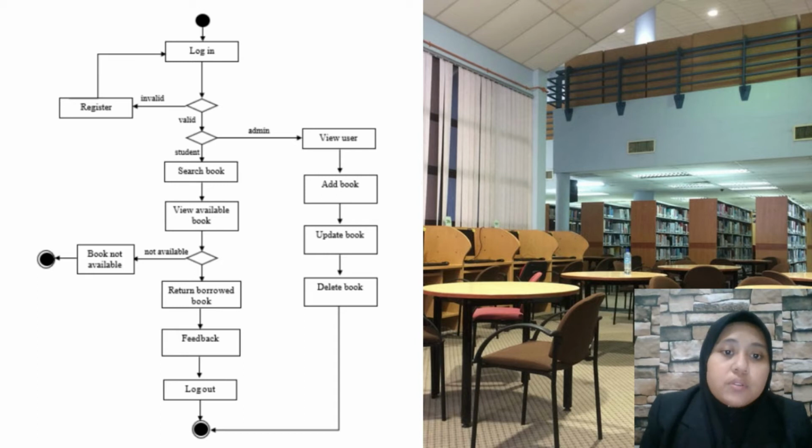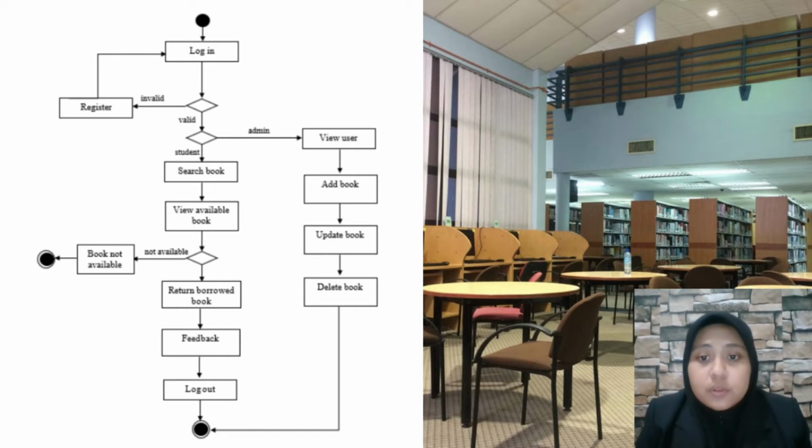But for student, they can search book and view available books for them to borrow or read. If the book is not available, then the process ends. If the book is available, they can borrow the book, return the borrowed book, give feedback, then log out of the system.